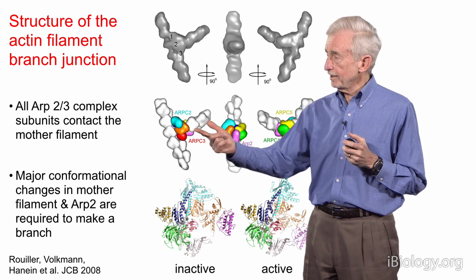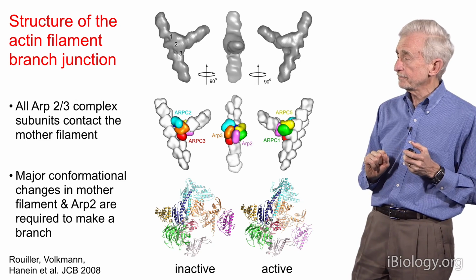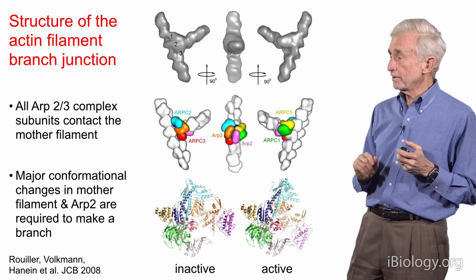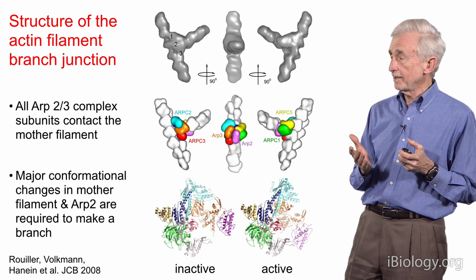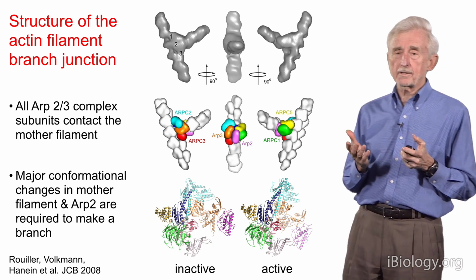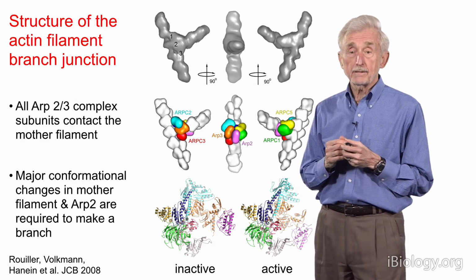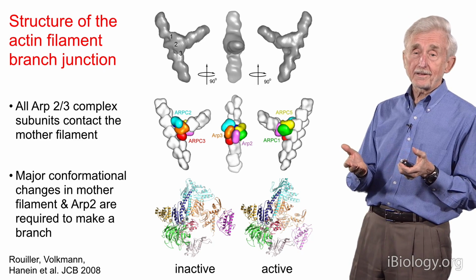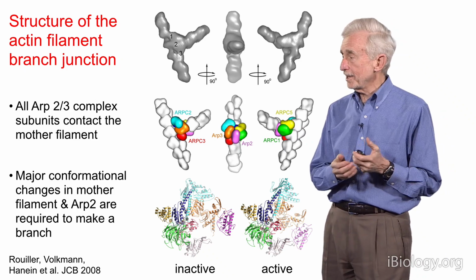And here you can see it in colors from several different angles. Now this structure showed, amazingly enough, that all 7 subunits of the ARP2/3 complex are in contact with the mother filament. It also showed that there are substantial conformational changes in both the ARP2/3 complex and in the mother filament when the ARP2/3 complex and the filaments get together to make the branch.